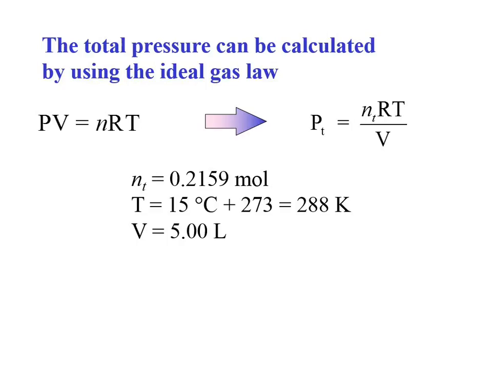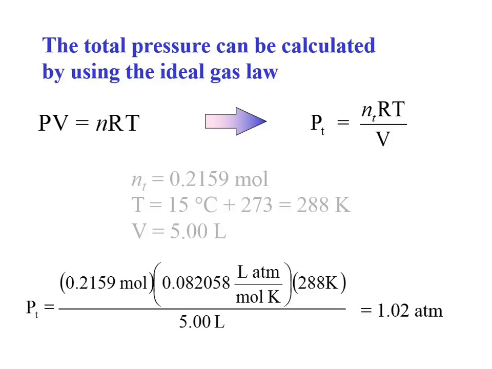Looks like we needed to fix our temperature, which was 15 degrees Celsius. We add 273, so we get 288 Kelvin. I think that's it. So plugging in, it looks like this, where our N is our total number of moles, 0.2159 moles.